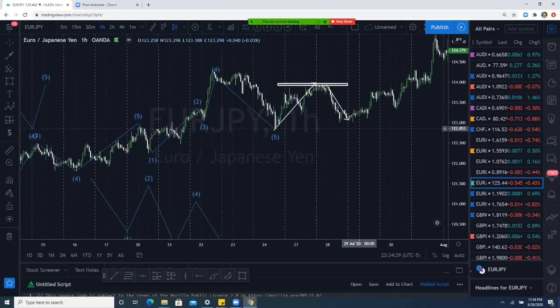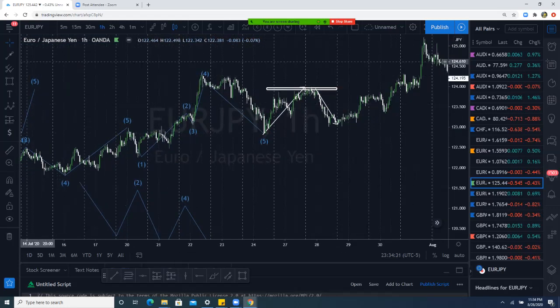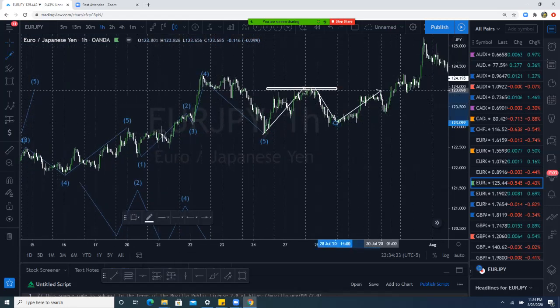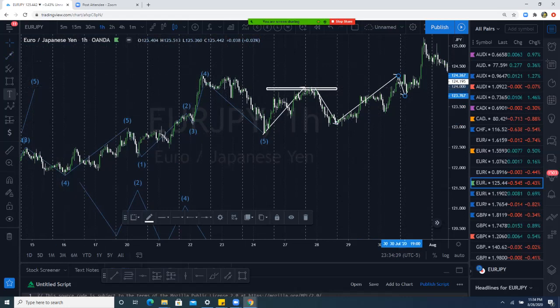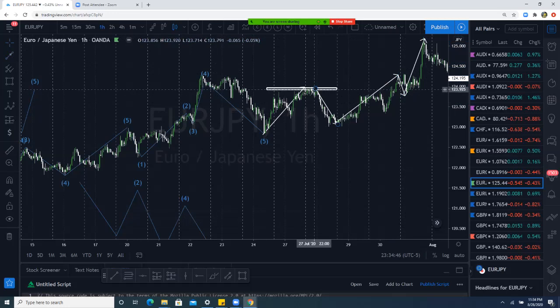But what happens is price actually goes above and continues an uptrend. So because of that, you will continue to look for buying, reason being that price had broken back up and confirmed that the uptrend was going to start again.